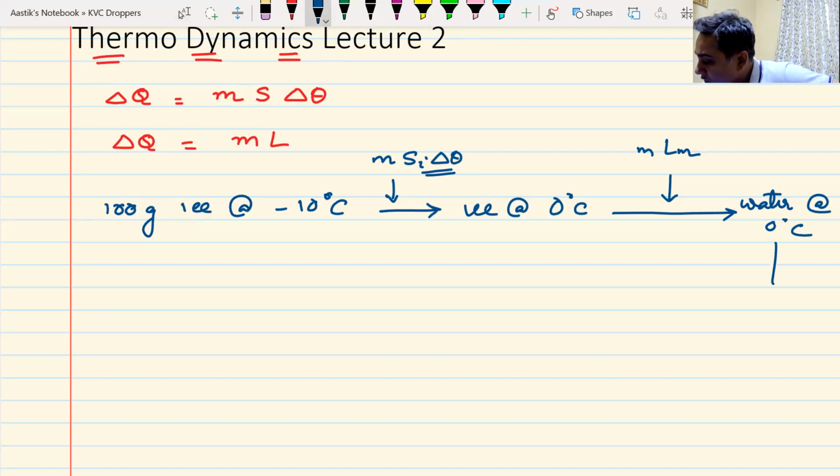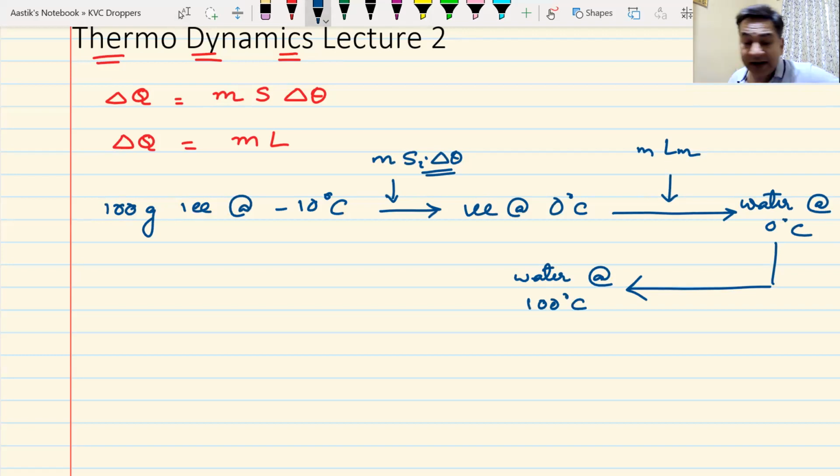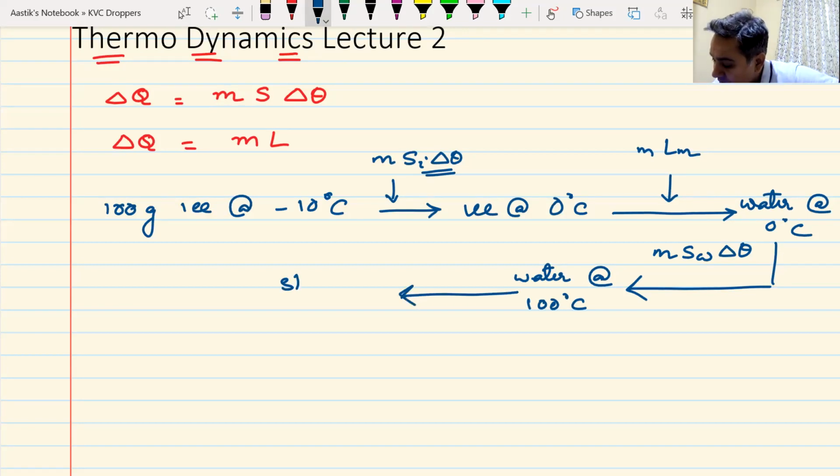From here, I move on to the third step. And the third step is I convert this entire water to water at 100 degrees Celsius. For that, I require mass into specific heat of water into delta theta. I have water at 100 degrees Celsius. Now I will go to the next step and I will convert it into steam at 100 degrees Celsius.